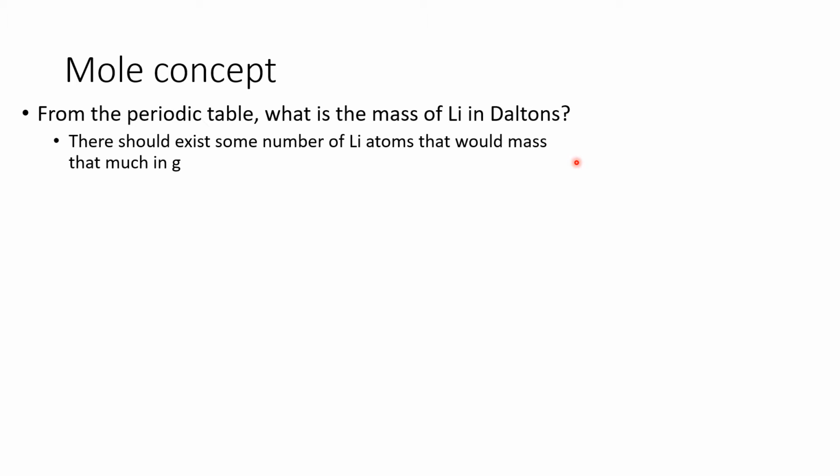So hold that in your head for a second, and let's think about aluminum. Similarly, aluminum on the table, now mine has a lot of decimal places, 26.98154 Daltons. So on average, a single aluminum atom has a mass of 26.98154 Daltons, or AMUs.